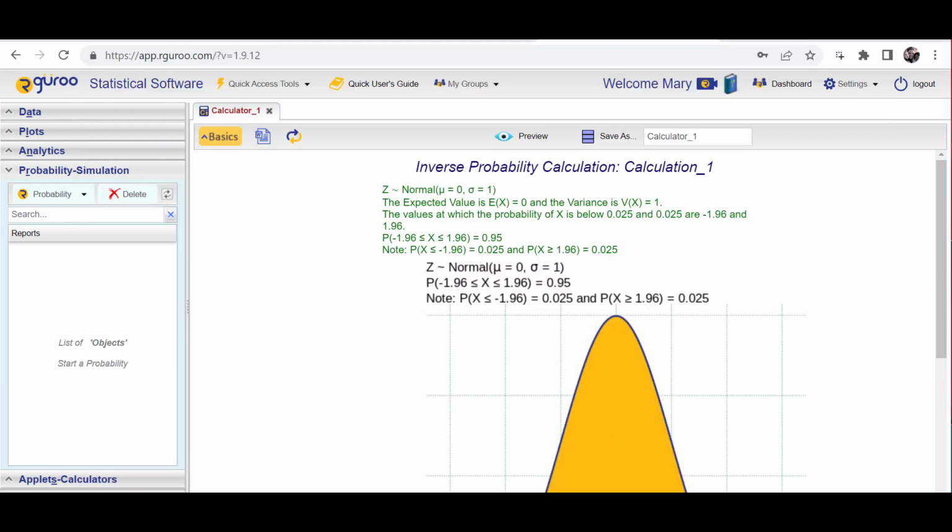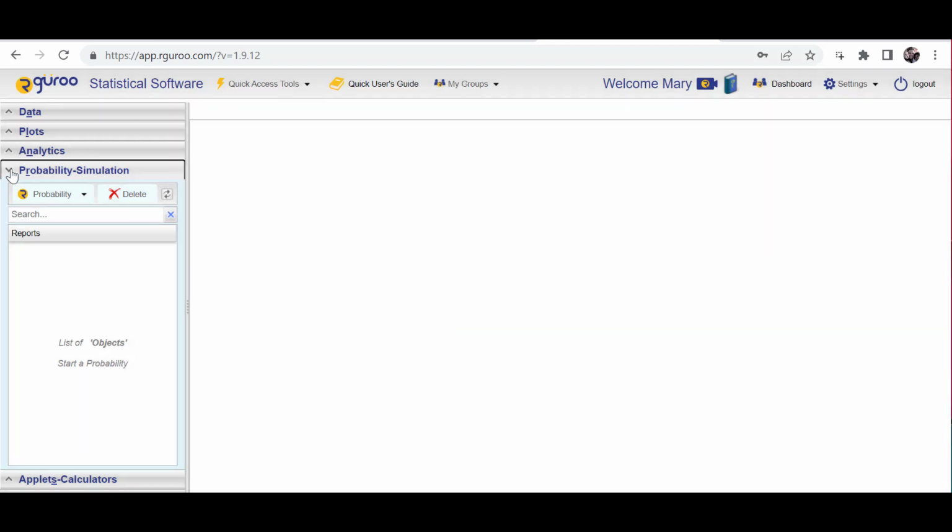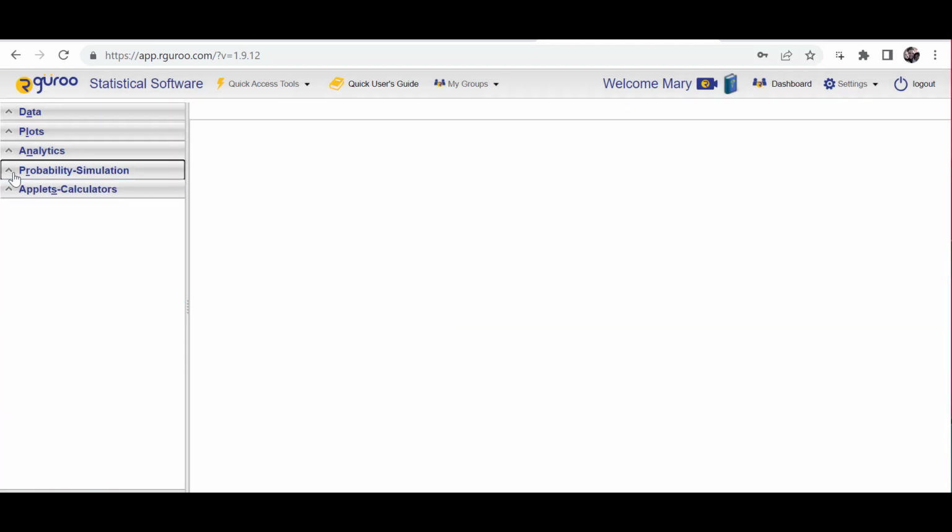So let's go back here to Rguroo and minimize that. The cool thing here is you don't have to figure out your confidence level and all of that fun stuff.